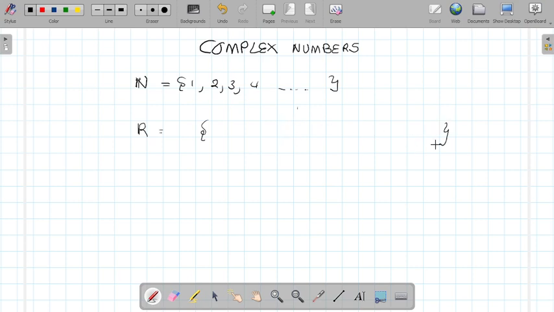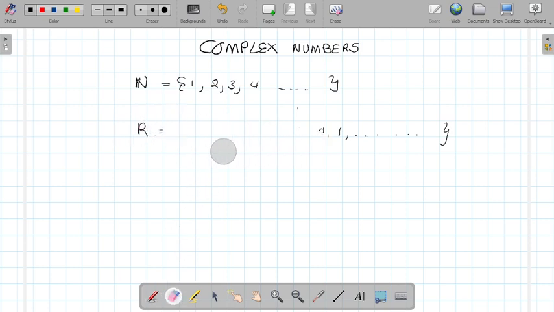So we have 0, and then we have 1, and between 1 and 2 you can have something like 0.5, then you can keep on going, and you can have -1, -1.5, and you can keep on going. You also have things like the square root of 2 in this set, the square root of 3, numbers that are found in between. So that is the set of real numbers.